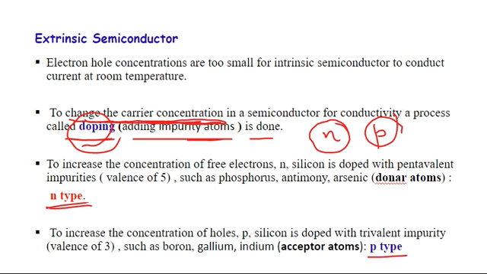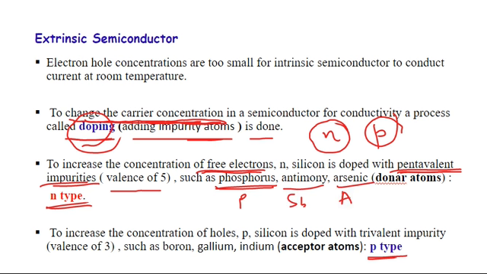In order to get an N-type semiconductor, we have to increase the number of free electrons inside the semiconductor. To increase the concentration of free electrons, we have to add a pentavalent impurity atom. What do you mean by pentavalent atom? Pentavalent atoms are those atoms having a valency of 5. Examples of pentavalent atoms are phosphorus, represented as P, antimony Sb, and arsenic As, and these atoms are called donor atoms.